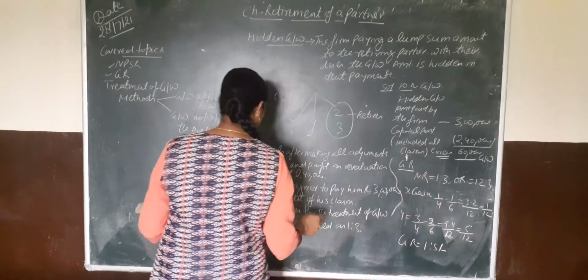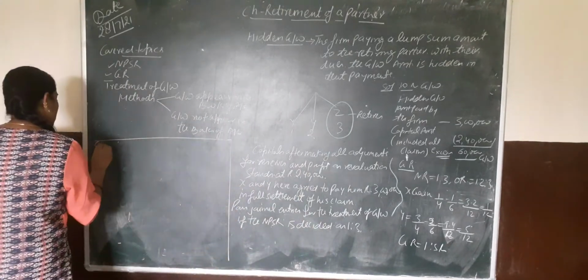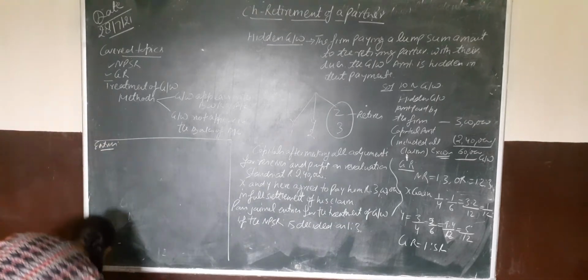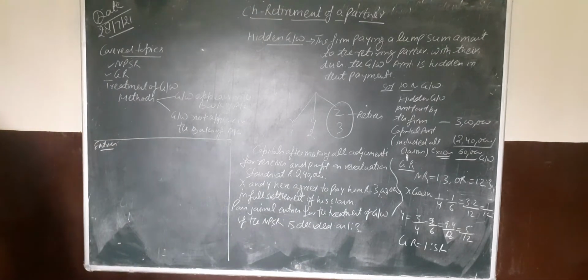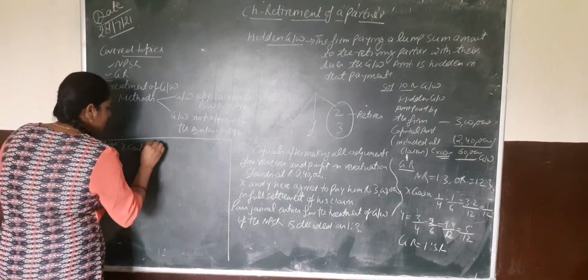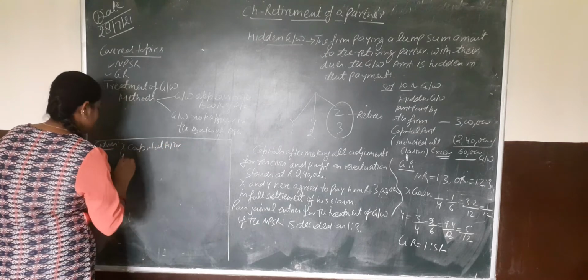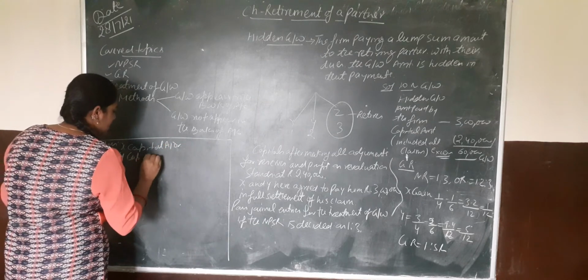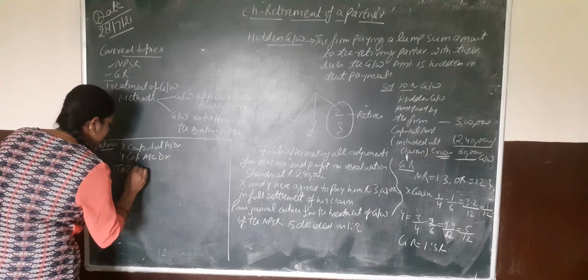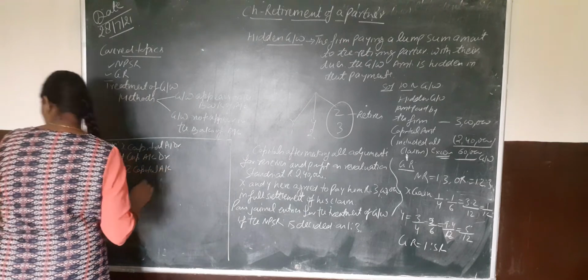Next, we will pass the general entry. X capital account debit, Y capital account debit, to Z capital account.